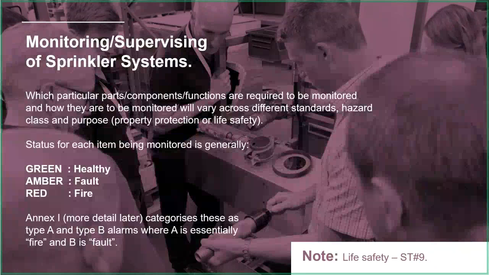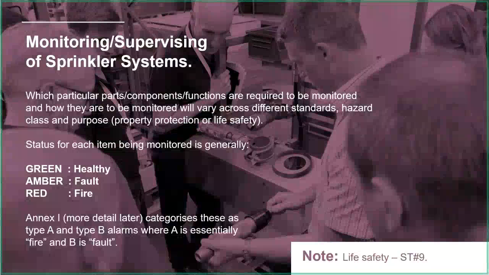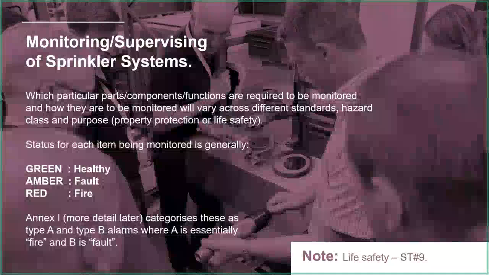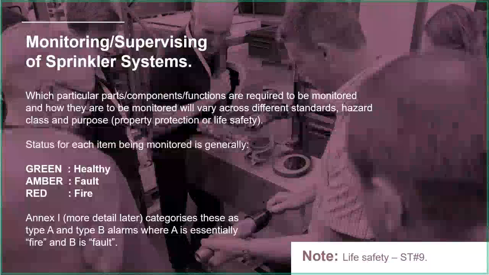B is an advisory thing. We need to get on this as soon as we can. So just bear in mind that there are 2 different languages here, fault and fire and Type B and Type A. Because there is a little bit of nuance in terms of a Type A, it may not quite be a fire. It depends really what the signal is.